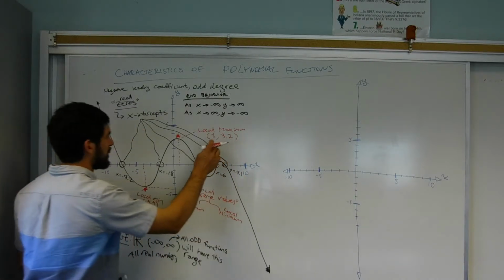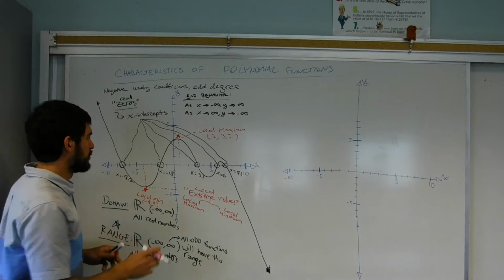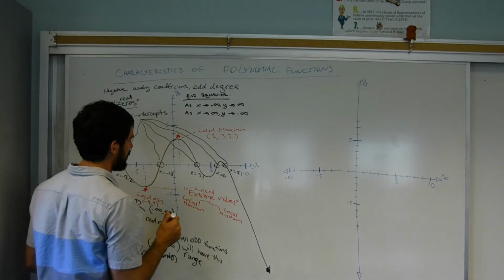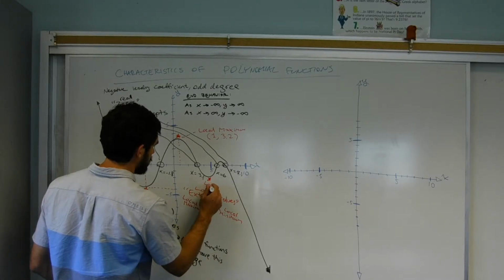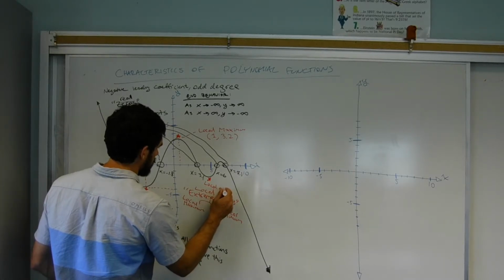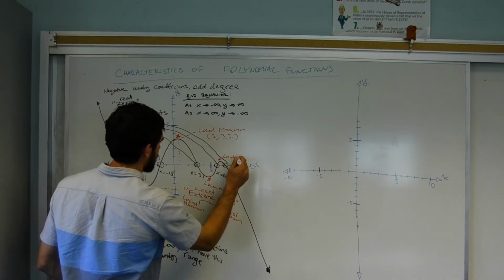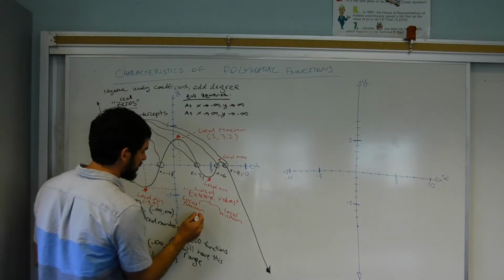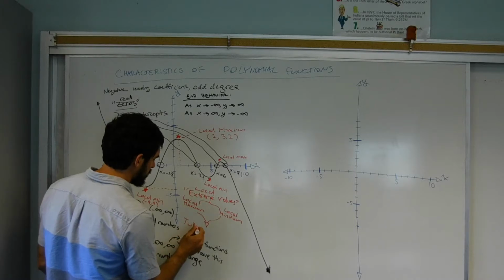Again, to find the locations of these local minimums and local maximums, we just look at our axes and estimate the x and y values. Here we have another local min, and here we have another local max. These extreme values you might also see referred to as turning points.